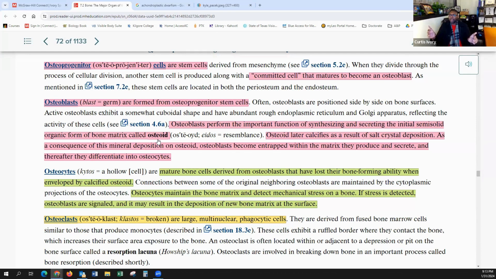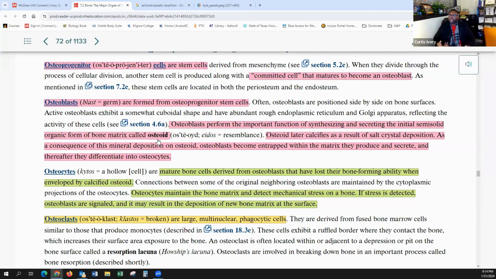Now, by the osteoblast releasing all this matrix, as it's releasing it, it's getting trapped inside of the bone. So as it's spreading the calcium and the matrix of the bone, or the osteoid of the bone, which is the substance that's going to make it hard, they're spreading all around themselves and they get trapped in it.